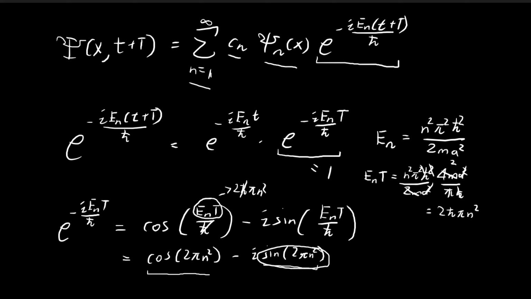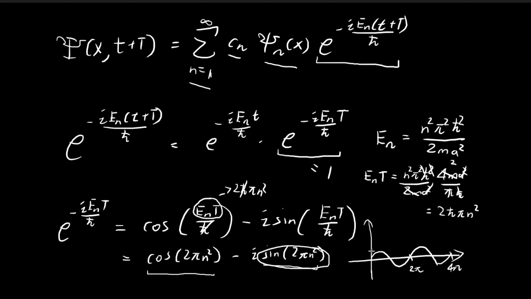And then for the cosine function, when n squared is an integer and you have 2 pi attached to it, this is going to be equal to 1. If you don't remember why this is the case, you can just take a look at the graphs of these two functions. For the sine function, this would be 2 pi, and then this would be 4 pi. And you can see that for all integer multiples of 2 pi, your sine function evaluates to 0.